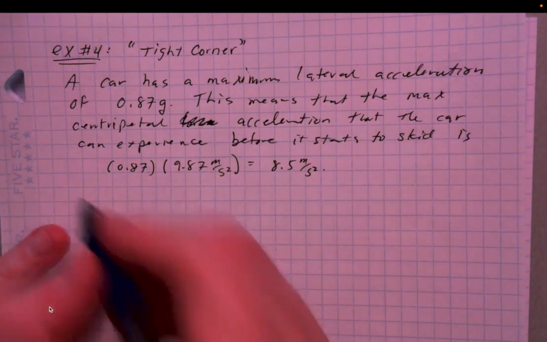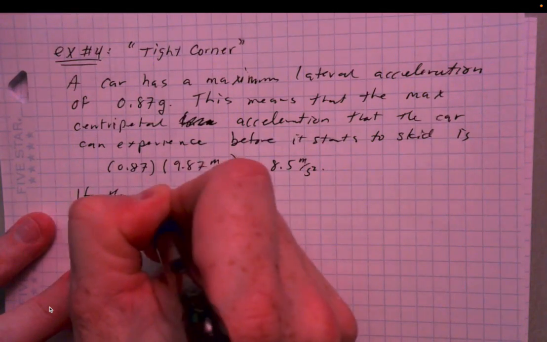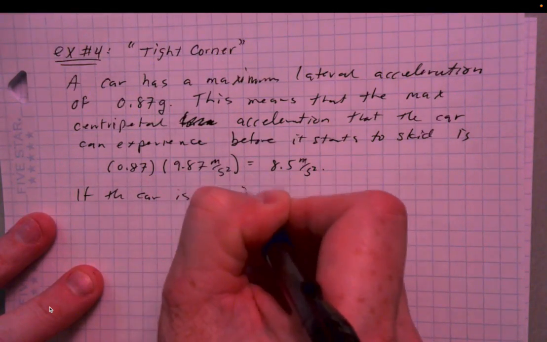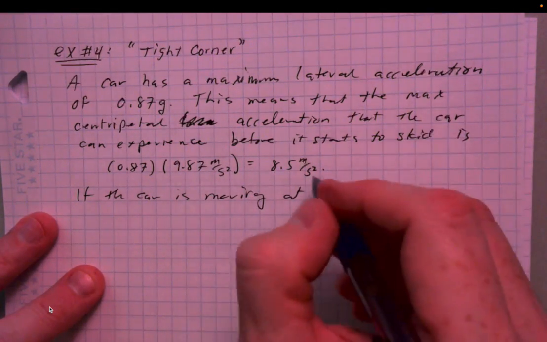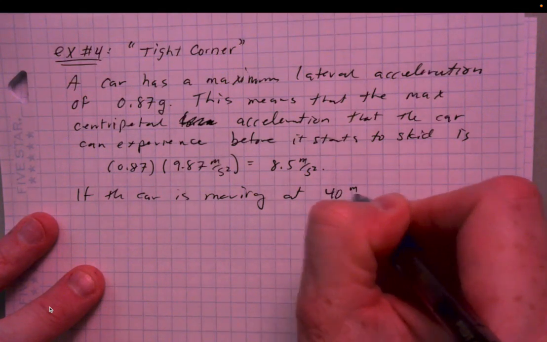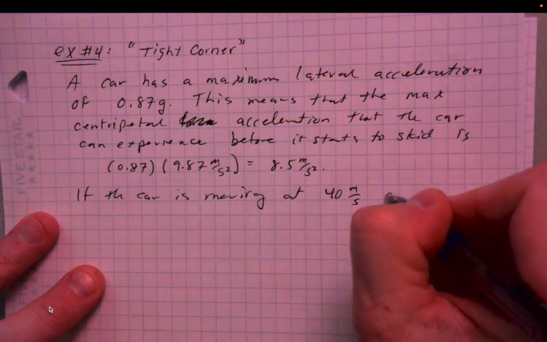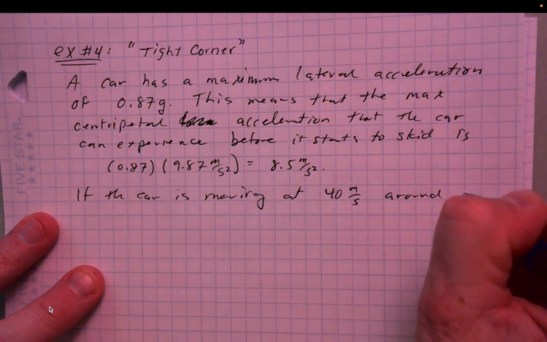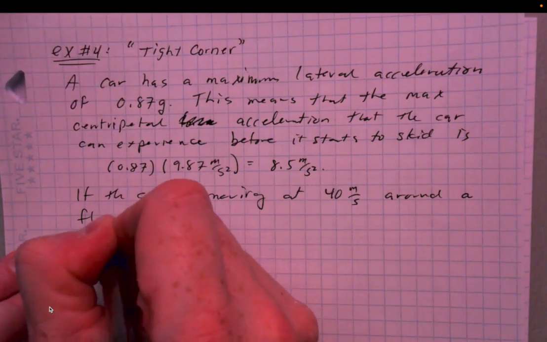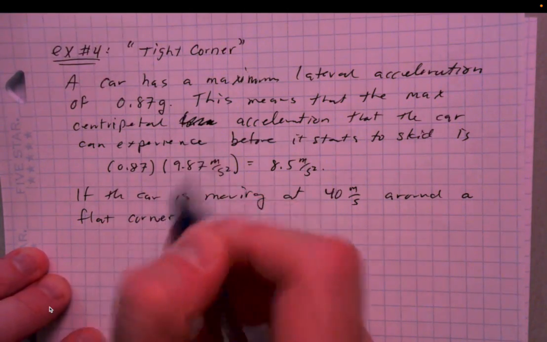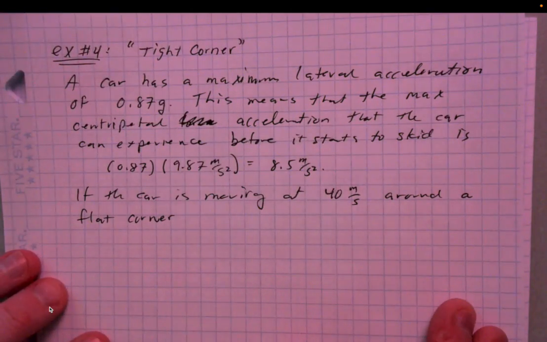Now, if the car is moving at 40 meters per second around a corner, we'll say around a flat corner, meaning there's no banking on the corner because that's going to change things.